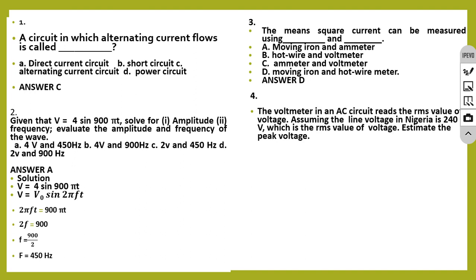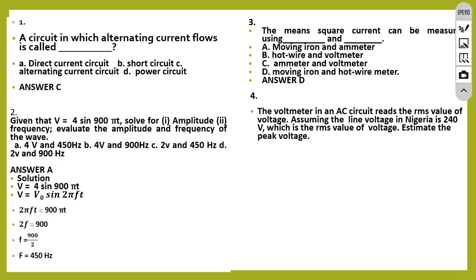Example 4. The voltmeter in an AC circuit reads the root mean square value of voltage. Assuming the line voltage in Nigeria is 240 volts, which is the root mean square value of voltage, estimate the peak voltage.